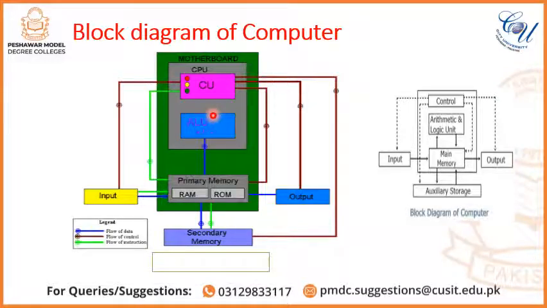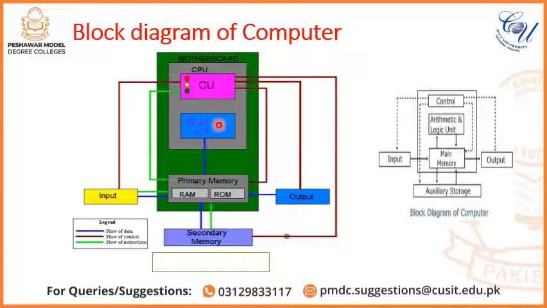The central processing unit is the brain of the computer system. All major calculation and comparison are made inside the CPU, and it is also responsible for activating and controlling the operation of other units. This unit consists of two major components: ALU, arithmetic logic unit, and CU, control unit.